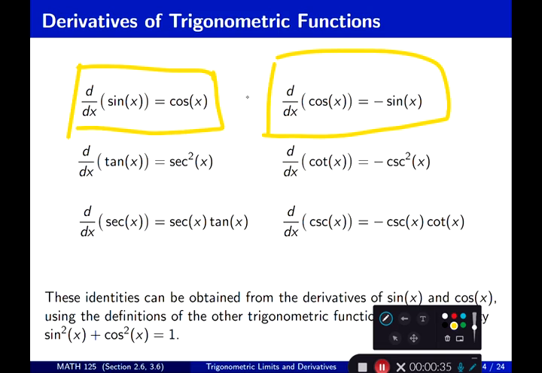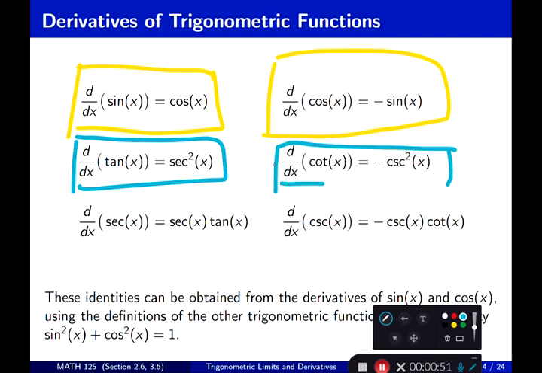Now, using these two, and a quotient rule, we can prove derivative of tangent of x is equal to secant squared x, and derivative of cotangent of x is equal to negative cosecant squared x. So this is using 1 and 2 and quotient.